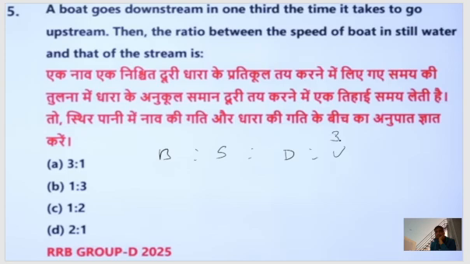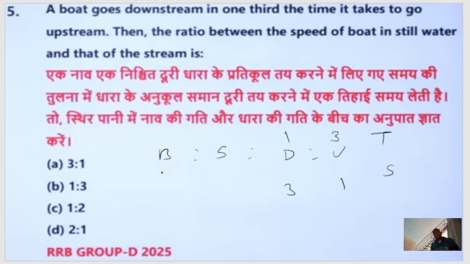The upstream takes 3 hours, 3 times, and the downstream takes 1 hour. So this is the time ratio, and we know the speed is inversely proportional to the time. It means the downstream speed is 3, therefore the upstream speed is 1.